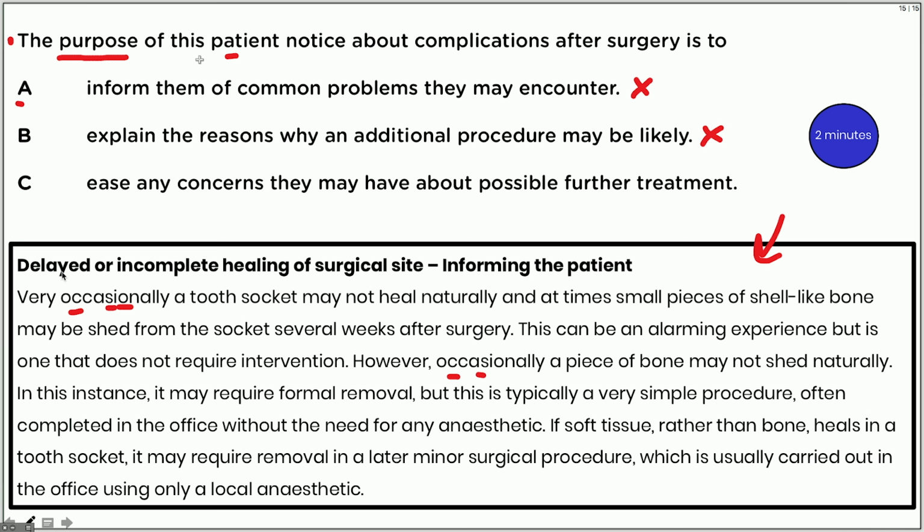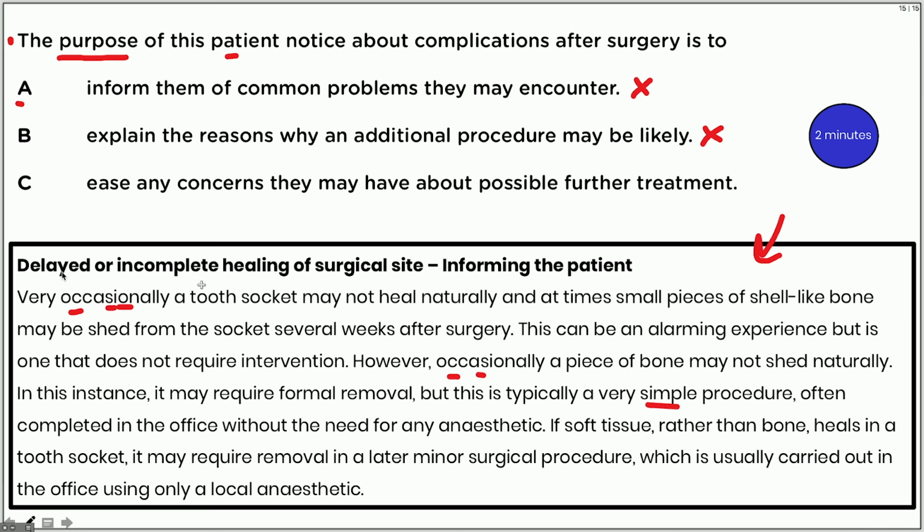And what about C? Is the purpose to ease any concerns the patients may have about possible further treatments? This one I like. Here's the reason why. It says, very occasionally this may happen. This can be an alarming experience, but it's one that does not require intervention. This may require formal removal, but this is typically a simple procedure.